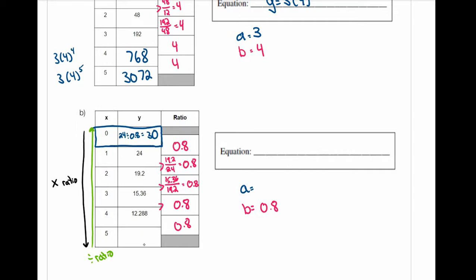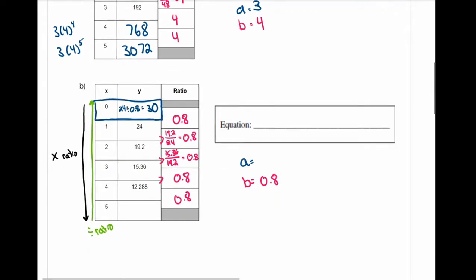If I look at my last column, I need to fill in this last chart, so I could do 12.288 multiplied by 0.8 and get 9.8304, or I could figure out my equation, because now I know that the a value is 30, and plug in x for 5, or 5 for x, and solve for y.